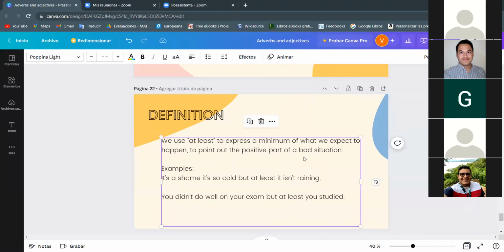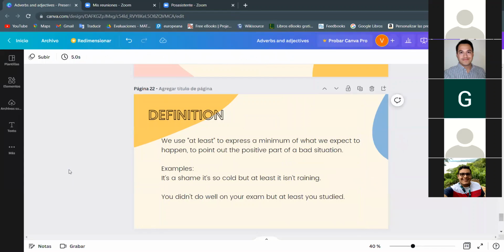Miguel, can you help me reading, please? Definition. Use at least what we expect to happen to point out the positive part of a bad situation. Examples, it's a shame it's so cold, but at least it isn't raining. You didn't do well on your exam, but at least you studied.